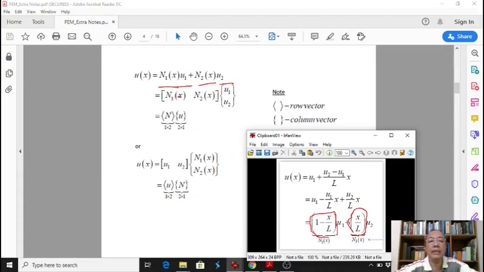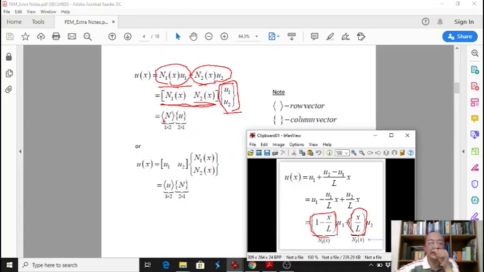This is N1 times U1 plus N2 times U2. This is a row vector and this is a column vector. We denote the row vector as N, which is 1 times 2, and we denote the column vector as u, which is 2 times 1.